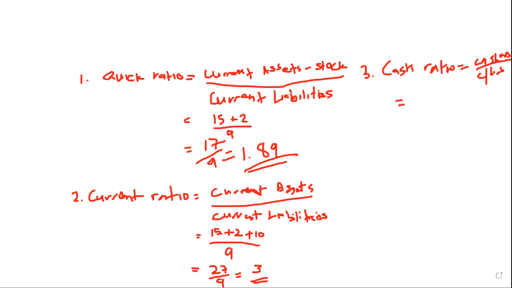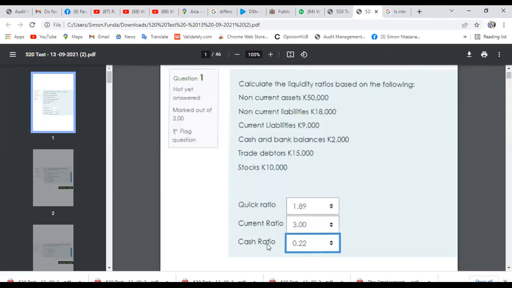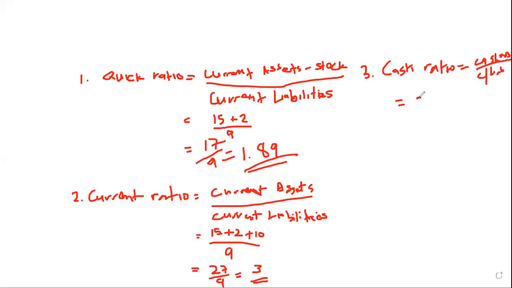So the cash we have from the question is 2,000. So 2,000 over current liabilities, which is 9,000.